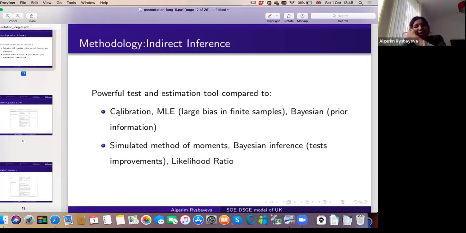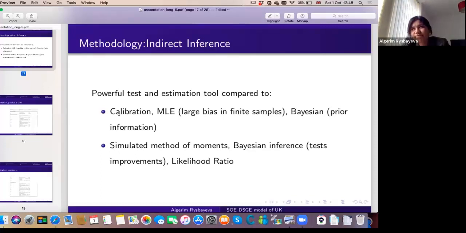The next one is Bayesian estimation, because Bayesian has prior and posterior parameters, and the prior is also a kind of calibration. So this is the third reason, and that's why I use indirect inference.